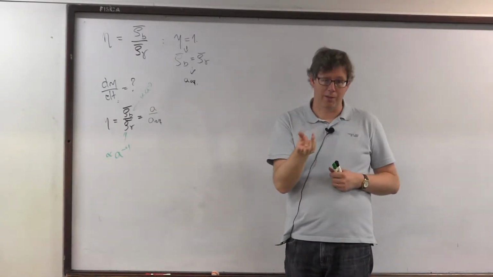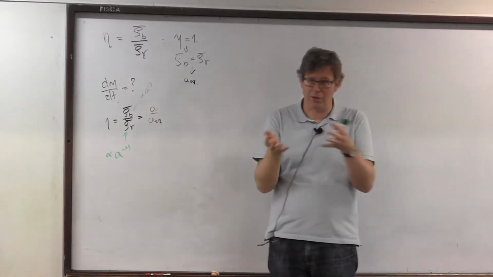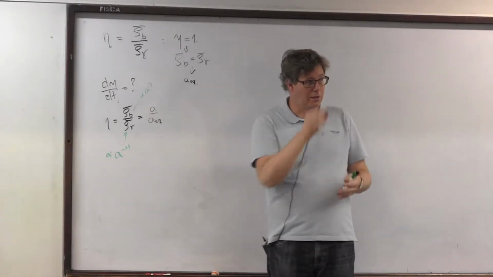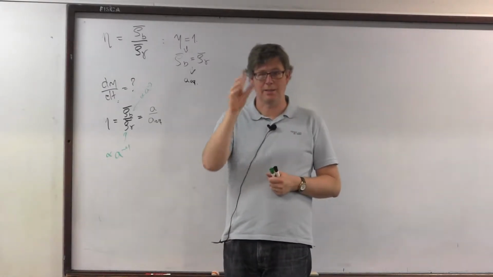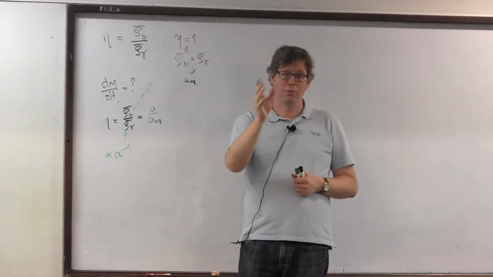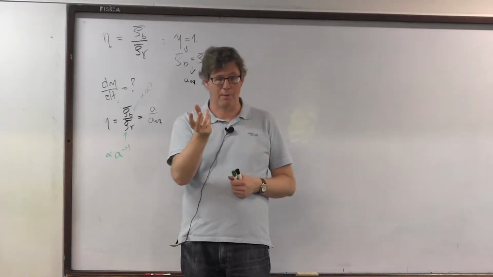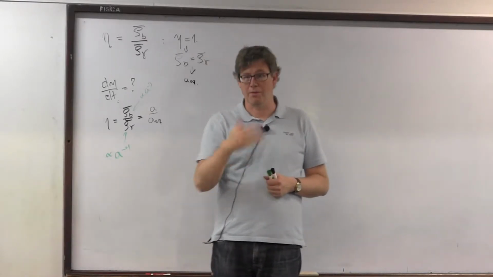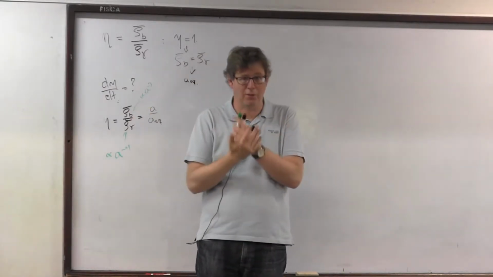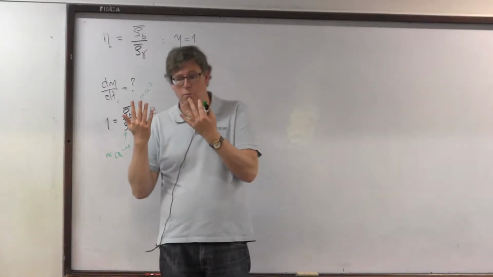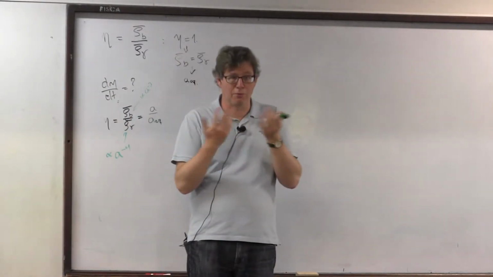So that's a very common thing you do when you have a differential equation and you want to change variables: you pick a variable and you choose it so that it has a nice value when the physics change in your system. It might be very small because you might want to do perturbation analysis, or it might be 1, or it might be 0. It depends on your physics.